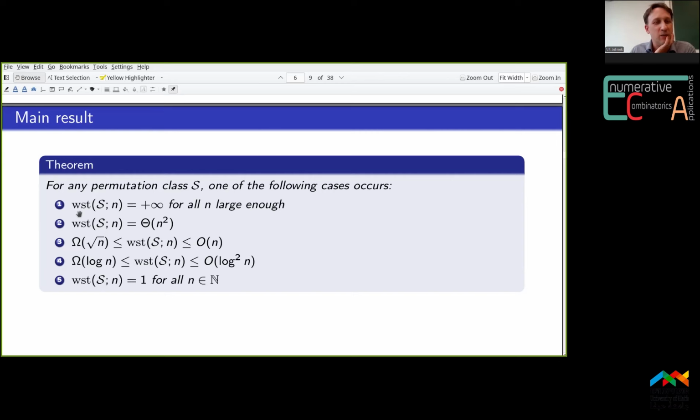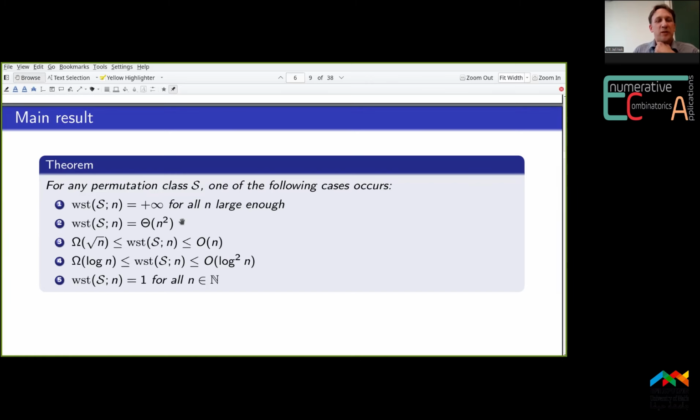Either the worst case sorting time will be plus infinity for every n large enough, meaning that the class is too small to sort all permutations. Or else, if the worst case sorting time is finite, then it will be at most quadratic in n, and there are examples of permutation classes where the worst case sorting time is quadratic, such as the adjacent transpositions that I have shown you a while ago.